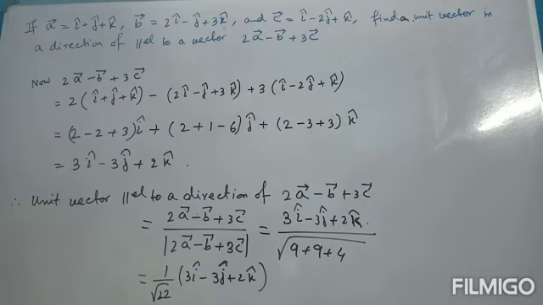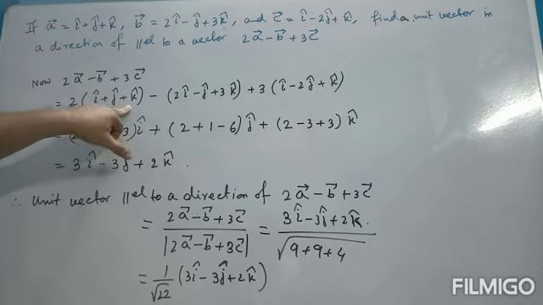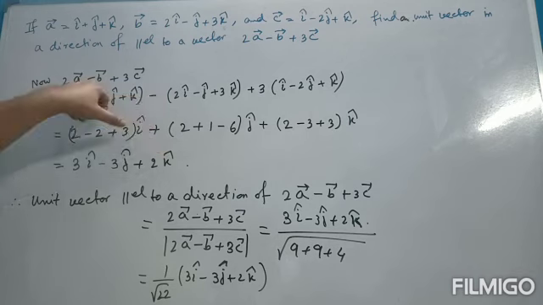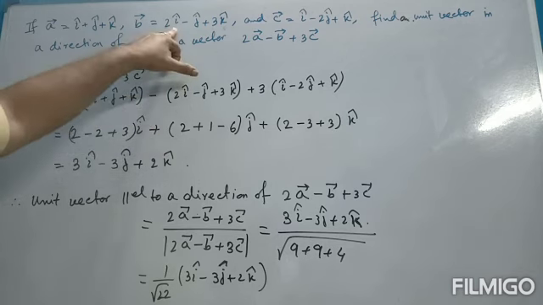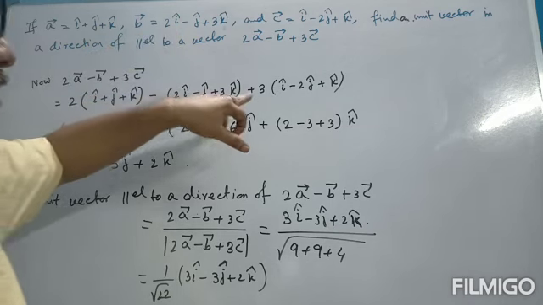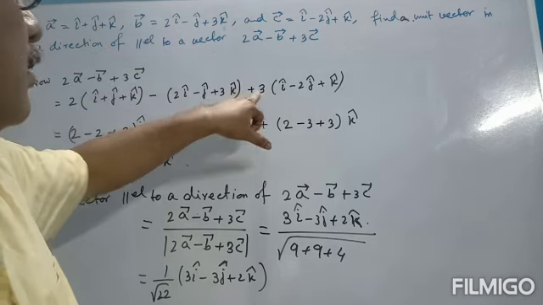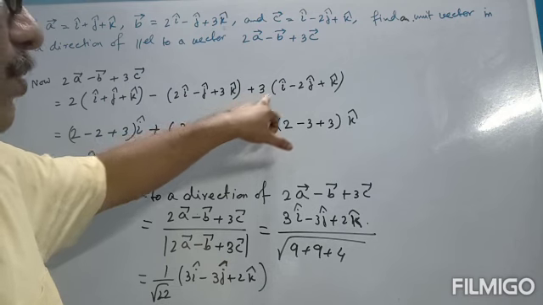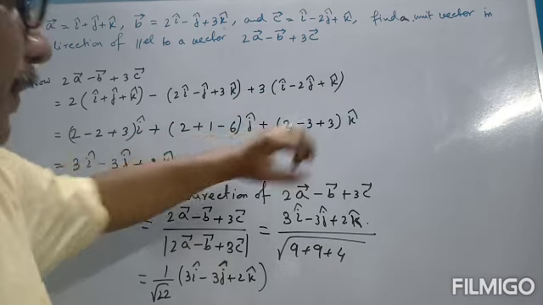So first find 2A minus B plus 3C. 2 into A is 2 times i plus j plus k. Then minus B, that means minus 2i minus j plus 3k, and 3C, that means 3 into i minus 2j plus k.